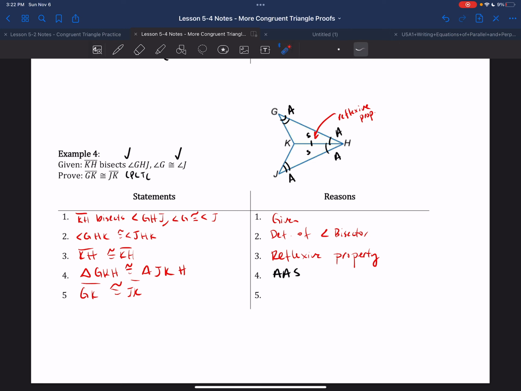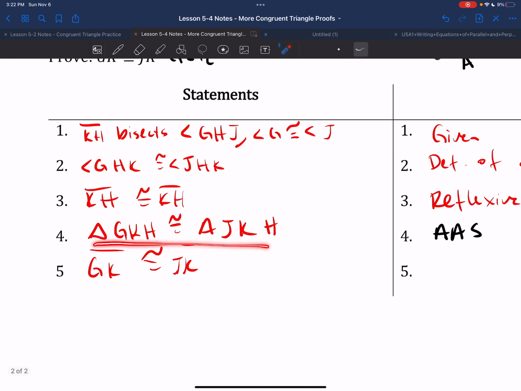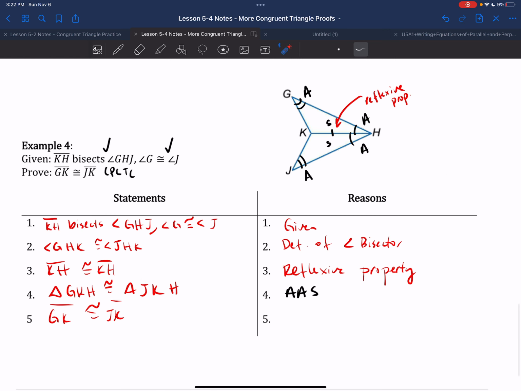Okay, now I'm going from here to here, and why can we say that segment GK is congruent to segment JK? Well, let's take a look. If I'm comparing these 2 triangles, angle G is congruent to angle J, which is true because we have 2 arcs here and 2 arcs there. K and K, they are congruent. Of course, they share the same vertex, and H and H, again, they have 1 arc there and 1 arc there, and they share the same vertex.